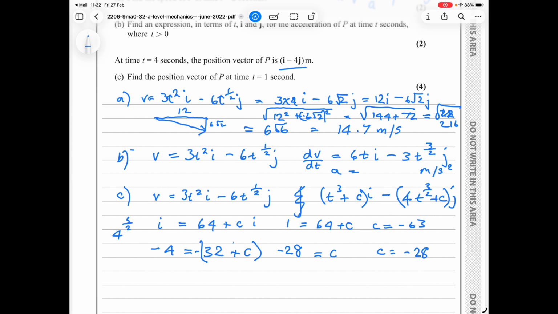So then we know that t cubed minus 63 is i, and we know that 4t to the 3 over 2 plus minus 28 equals the j.